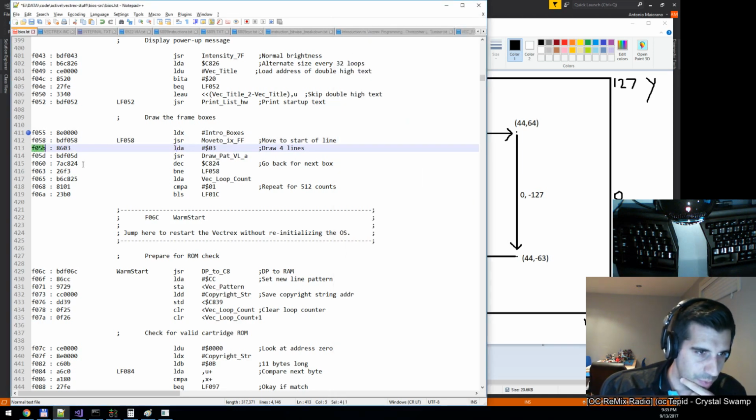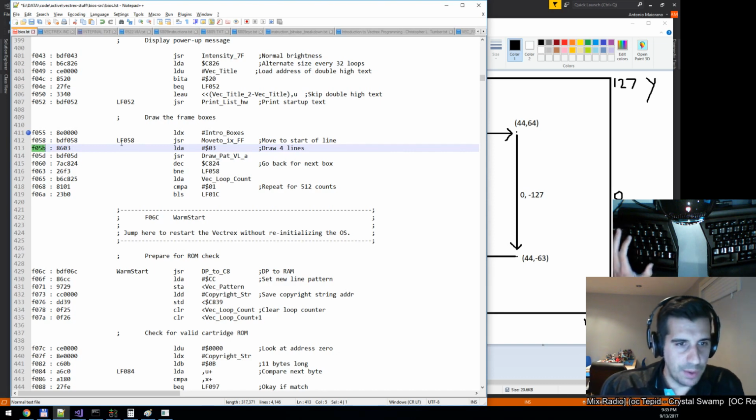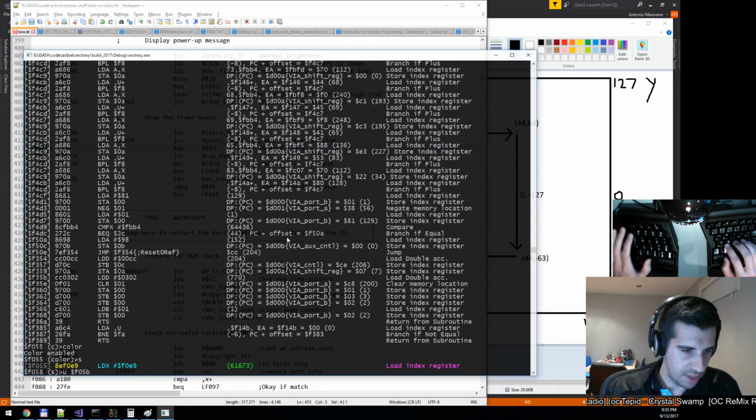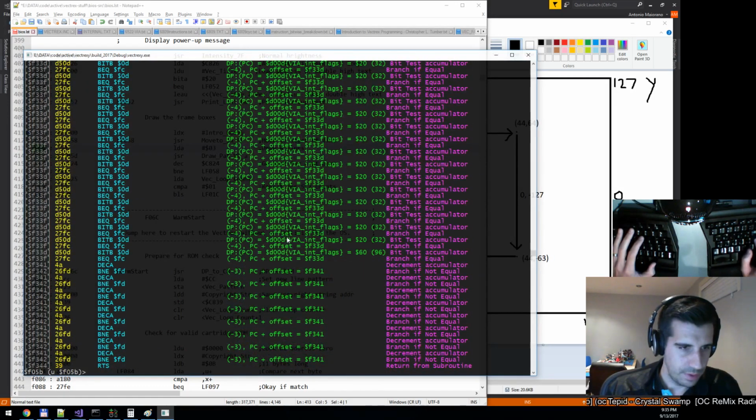Let's just see when we reach this instruction, and then we'll see if our position is there. And if it's not, then we'll restart and debug that case and see why not. So I want to run until F05B. Okay, there we go.